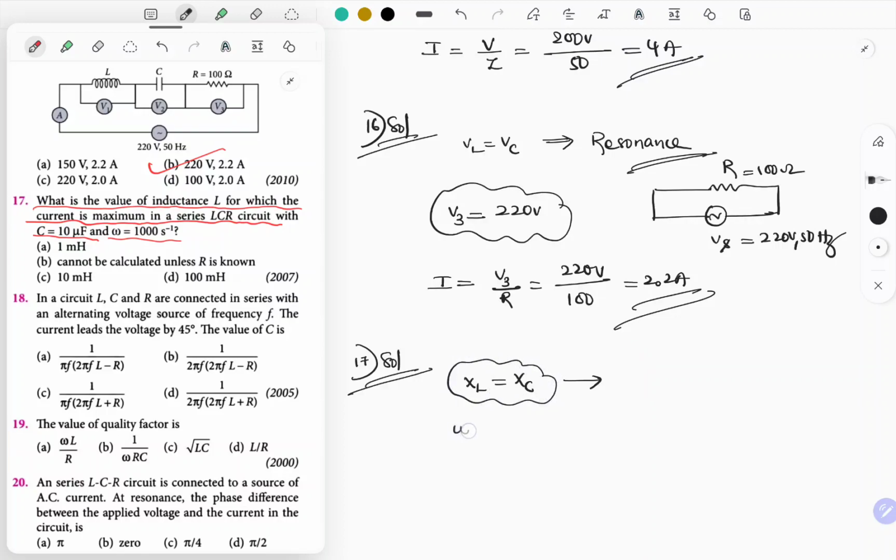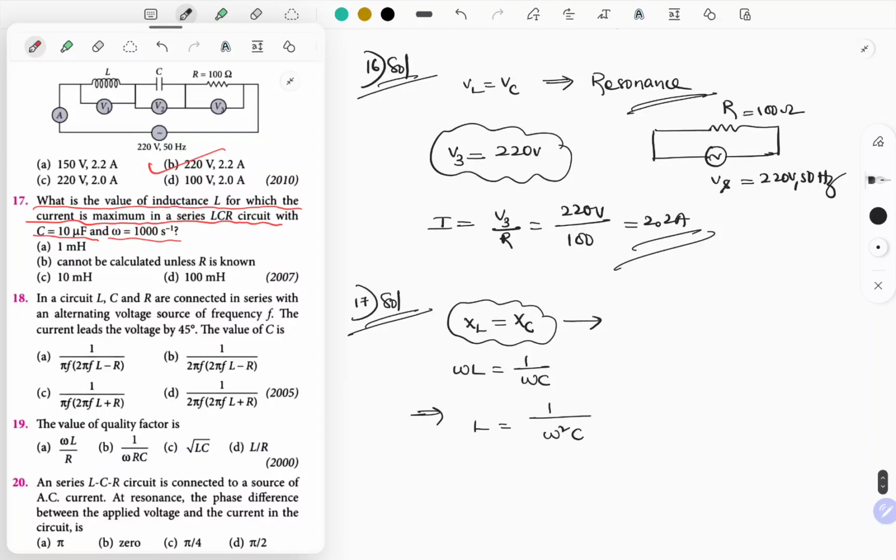XL is omega L, XC is 1 by omega C. From this, what about L? L is equal to 1 by omega square into C. What's the value of omega square? Omega value is given, omega is 1000. That means 1 by 1000 square, which is 10 power 6, into the capacitance value 10 microfarad, which is 10 into 10 power minus 6.